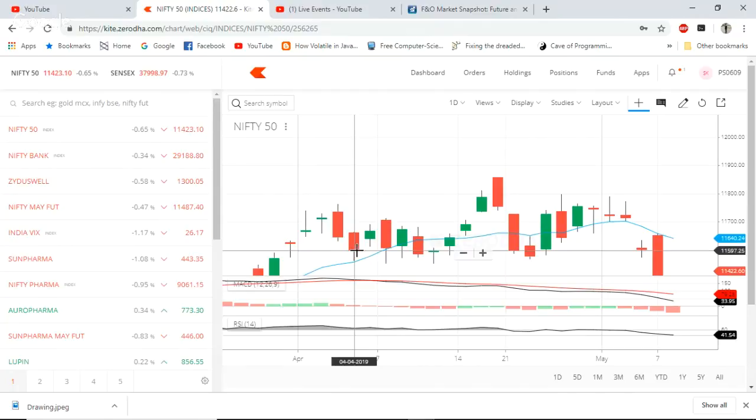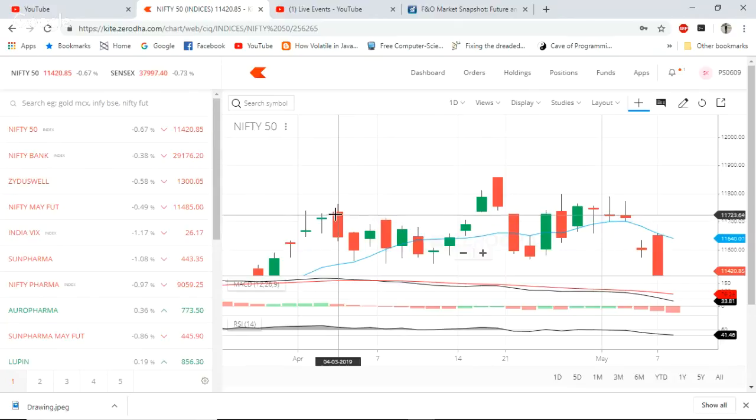The close is 11,597. So it didn't close at the low point of the day, but it did close closer to the low than to the high. Here, open and high are both the same. So totally there are four parts in a candle: what is the open, what is the close, what is the high of the day, and what is the low of the day. In some cases, some of these parts can be the same.